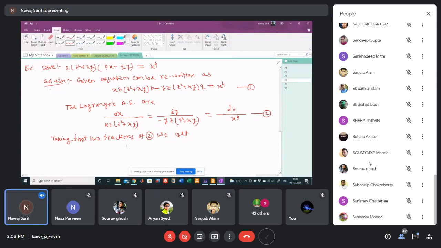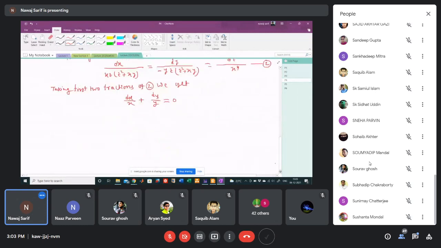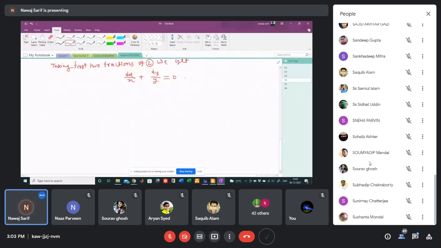Then we write dx by x plus dy by y equals to 0. So this is your equation number 3.